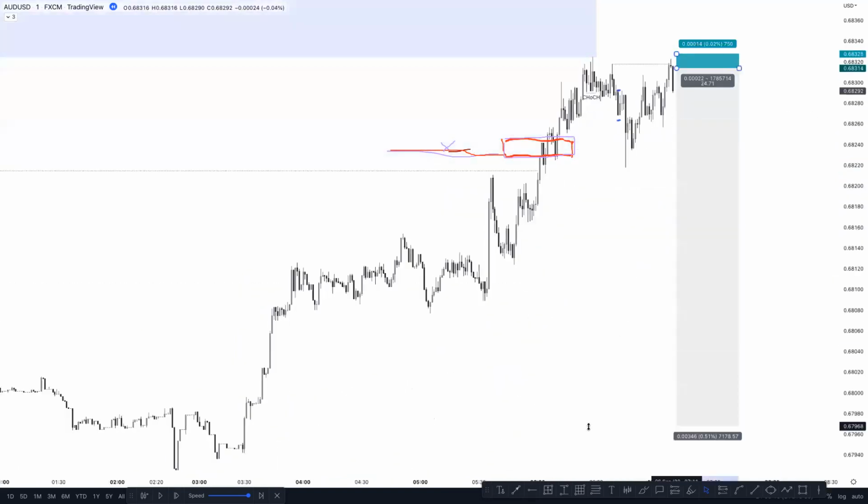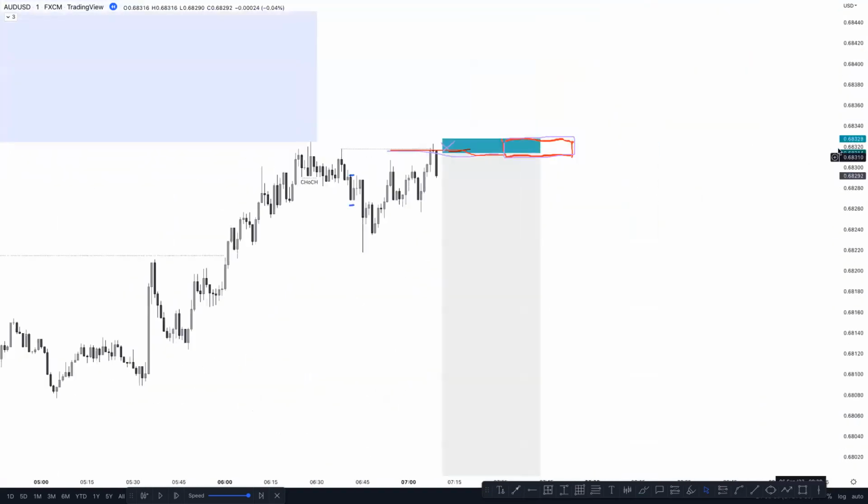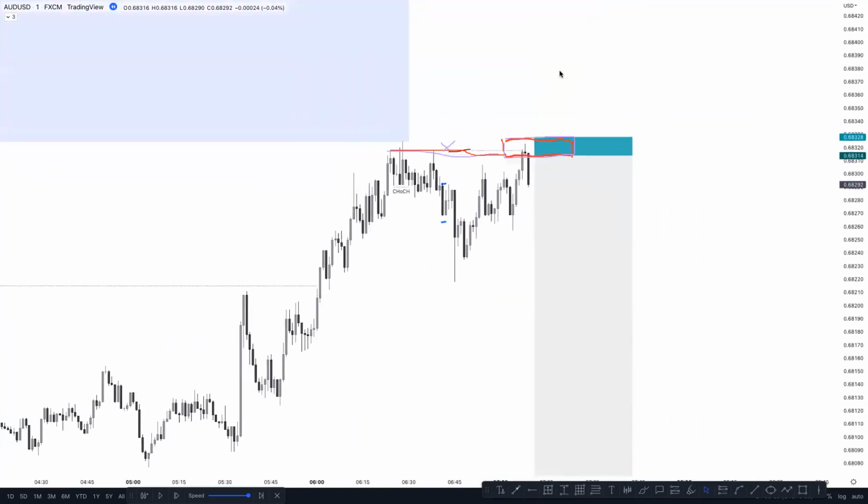Which one is here? Or you can set as per the liquidity higher time frame. And the another possible scenario, for example, if market go higher, right, break this high, okay, so market can be go higher because this looks like a strong resistance type of liquidity also, right?